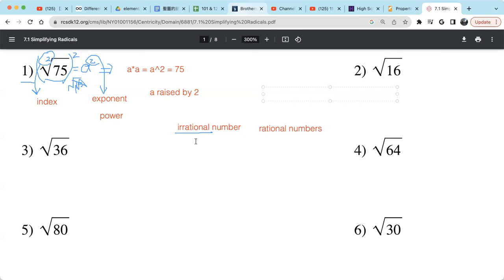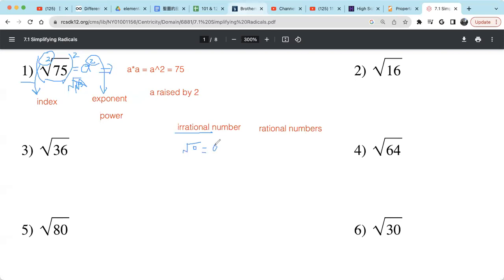But these irrational numbers, we cannot totally make sense of them yet. So what do we do? We just keep them as they are. Square root of 75, maybe we can simplify. But let's talk about smaller ones first. The square root of 0 means a number squared to be 0, which can only be 0.